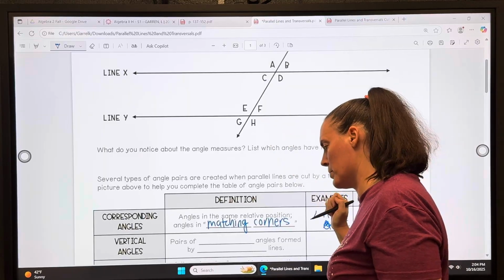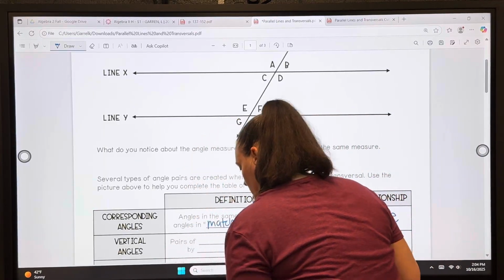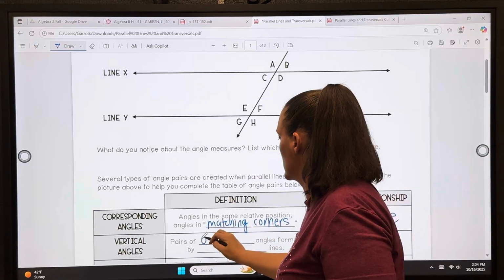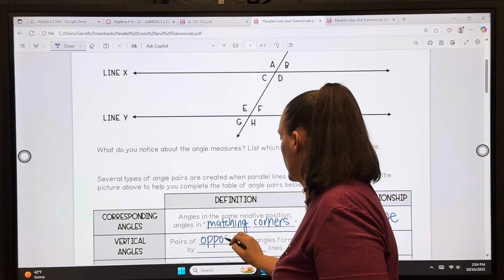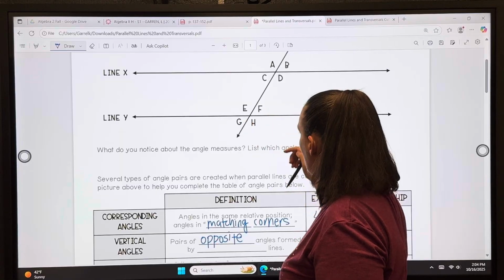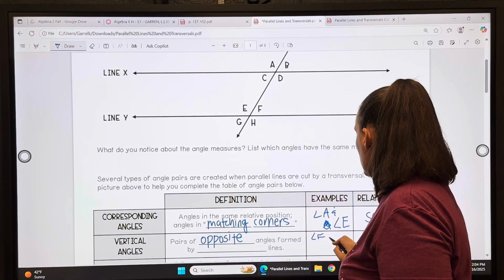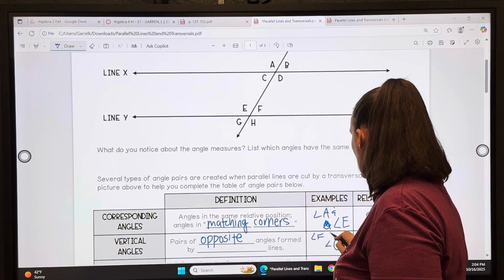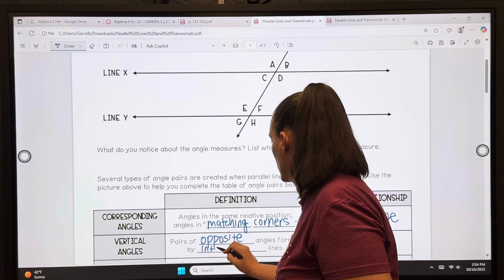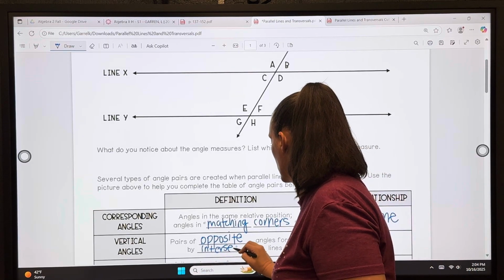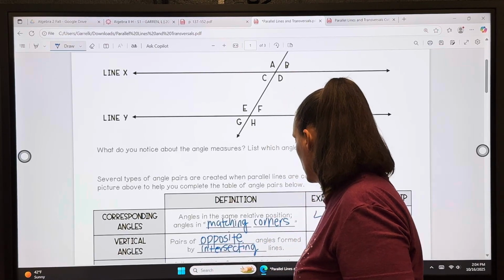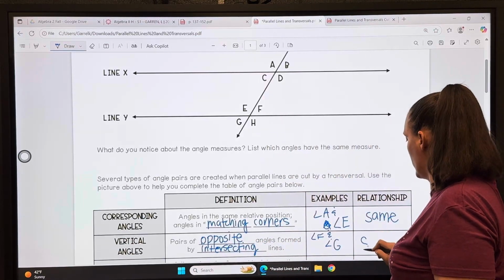So there are pairs of opposite angles formed by intersecting lines. So G and F. They have the same measure.